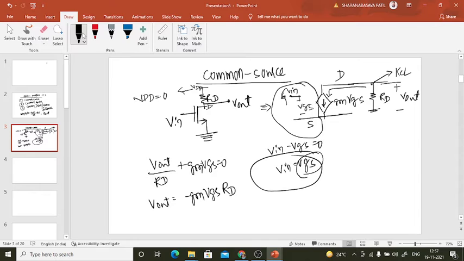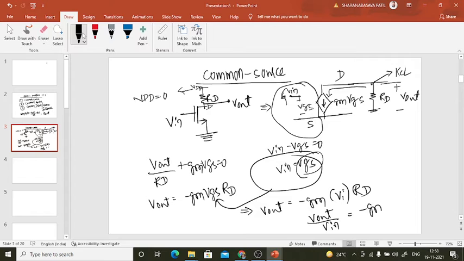VGS equal to VI, just replace this here, so this will give V out equal to minus gm VI into RD. So V out by VI is equal to minus gm RD. This is the gain.